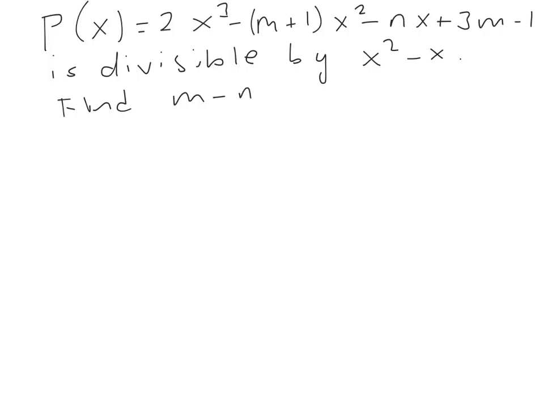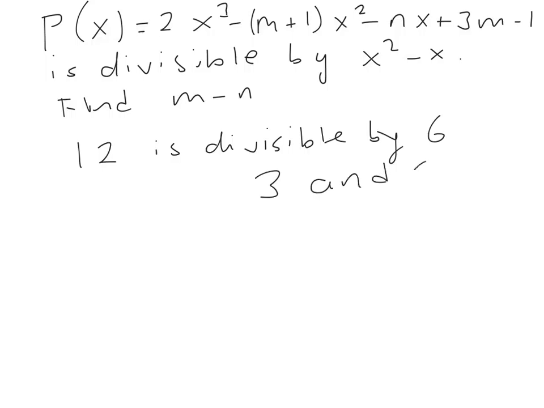So what do we know about numbers? Like 12 is divisible by 6. What does it mean? 6 is 2 times 3. Then 12 must be divisible by 3 and 2. You probably notice that x squared minus x equals x times x minus 1.